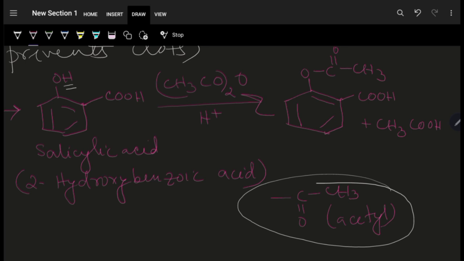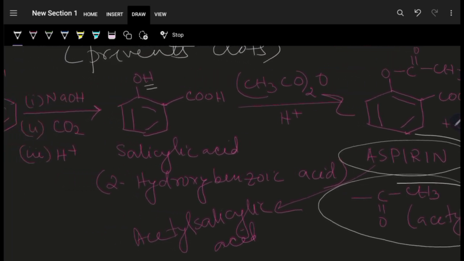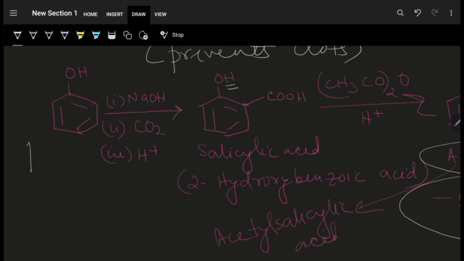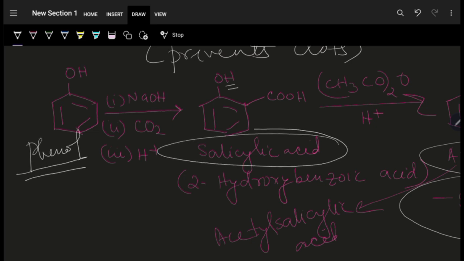The one which you have obtained is known as aspirin, and it is acetyl salicylic acid. Why? Because acetyl is substituted. So this is how you can obtain aspirin from phenol, by the method of obtaining salicylic acid.